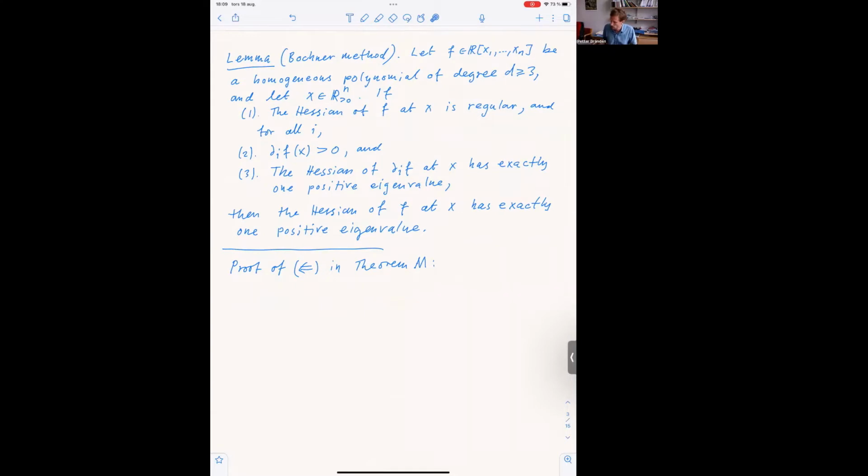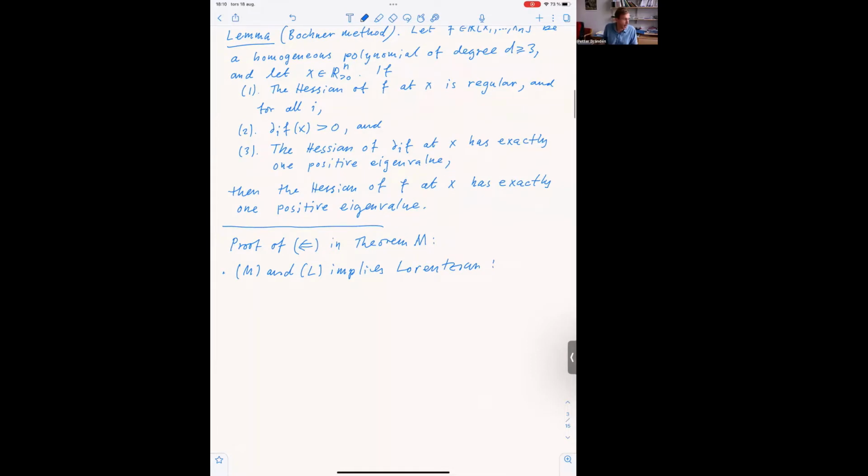So we want to prove that this M and L implies Lorentzian. And this is by induction.